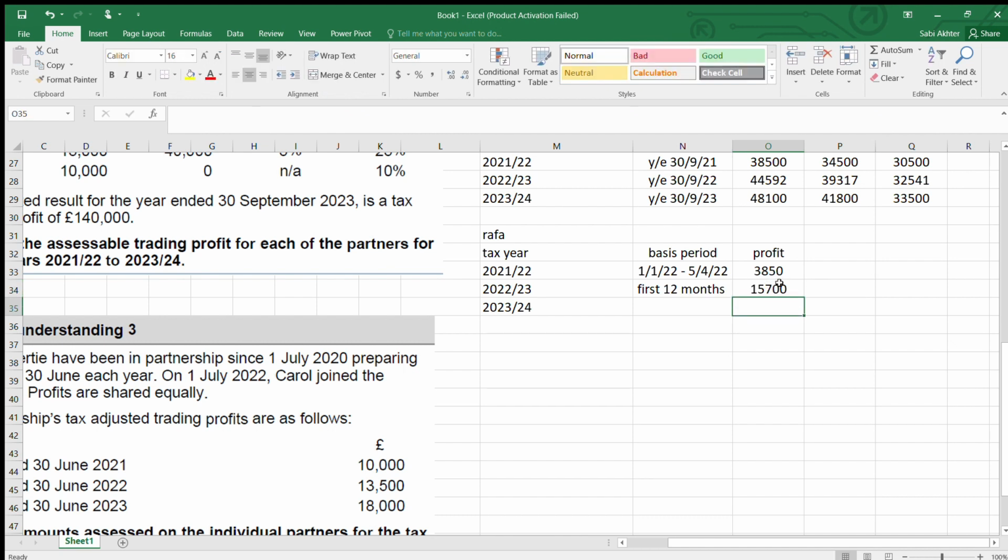Then for this it will be year ended 30th September 2023, 16,600. What is the overlap profit? See, there's been an overlap profit. Why? This 16,600 has been charged here also, the 3 months. And also 11,550 has been taxed twice. Some of it is here, some of it is here. That is known as overlap profit. How much? 3,850.